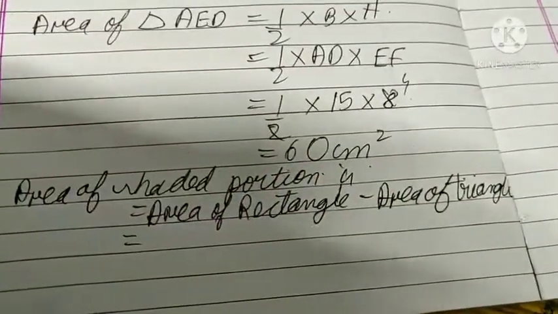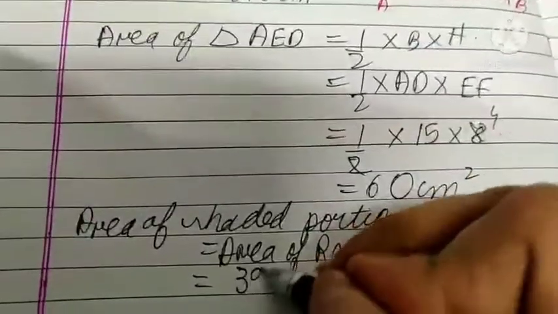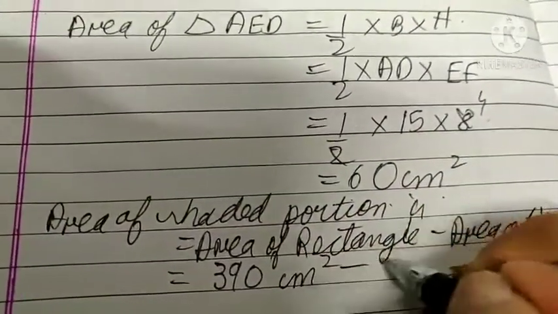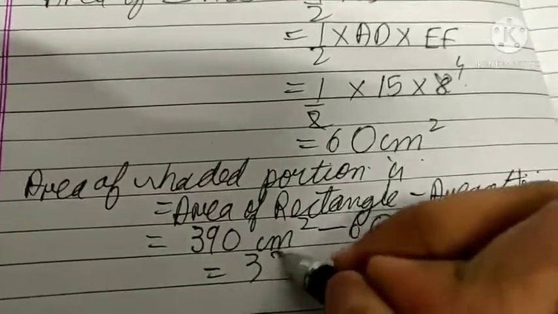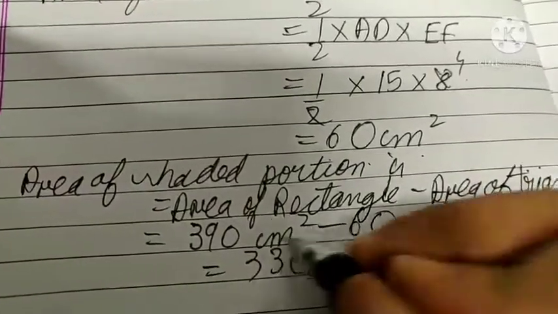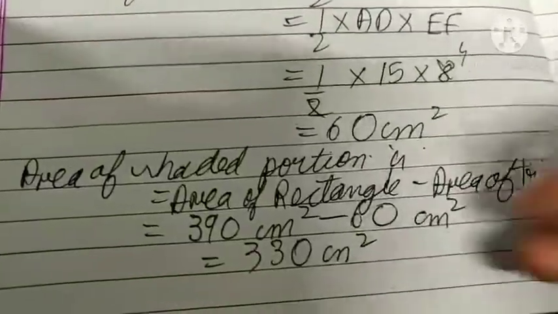So here the area of the rectangle was 390 centimeter square minus 60, it is 330 centimeter square. This is the area of the shaded portion of this given figure.